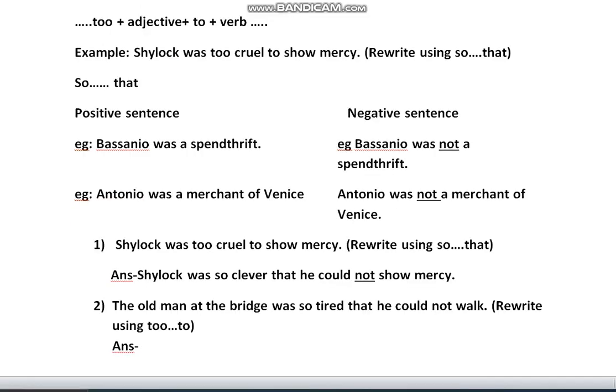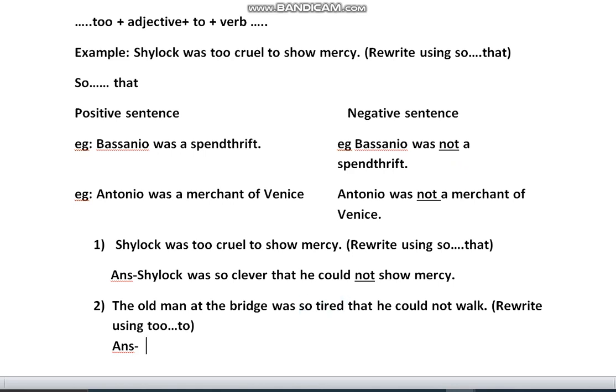The question says, the old man at the bridge was so tired that he could not walk. And you have to rewrite the sentence using too and to. So t-o-o will be followed by the adjective. What is the adjective?